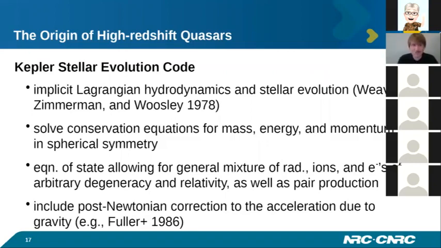So in brief, this is an implicit Lagrangian hydrodynamics and stellar evolution code. We include post-Newtonian corrections. We can drop down to very short timescales if you start to see an instability forming, if there's some significant gradient in one of the key properties.